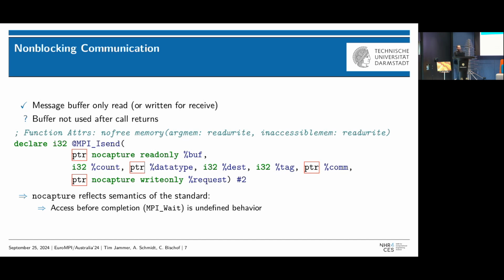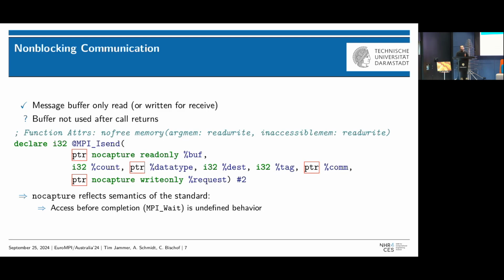And this is also a thing that the compiler by itself would not figure out. If we assume that the compiler should perform this annotation, it will not figure out the no capture attribute because technically speaking, it is wrong. If you only have a look at this function here, the pointer is captured, because MPI is going to use that pointer to read the message buffer while the operation is in progress.